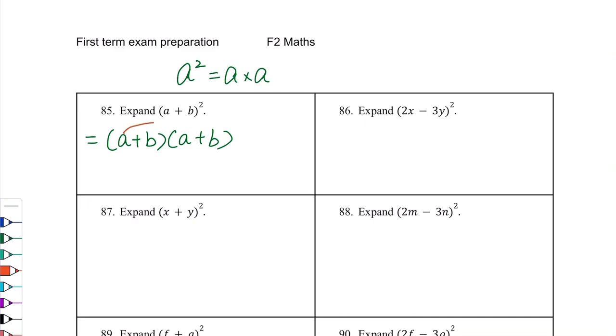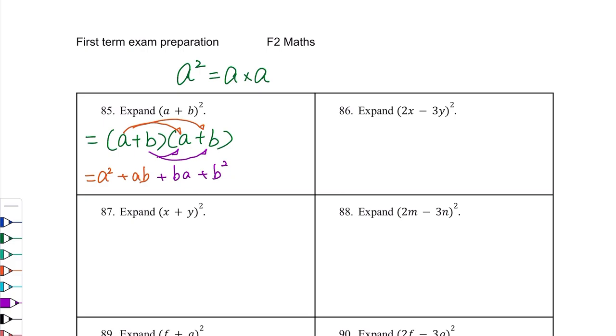So this a goes here, this a also goes here, and then this b goes here, this b also goes here. So when a goes there, a times a can become a square. A times b can become ab, and then b times a can become ba. B times b can become b squared.